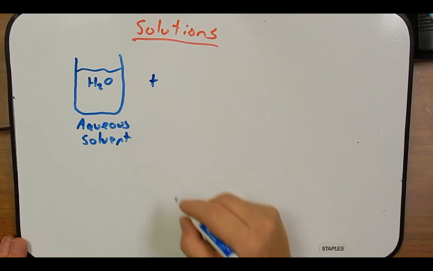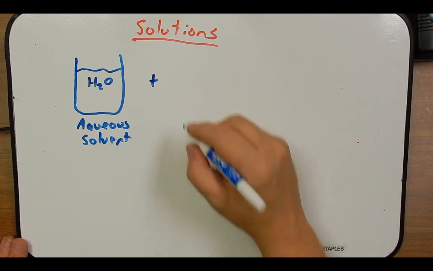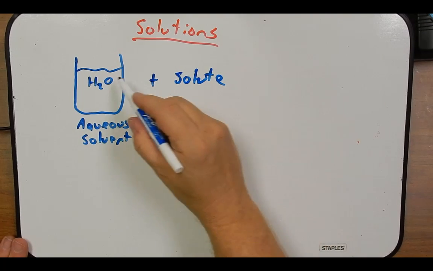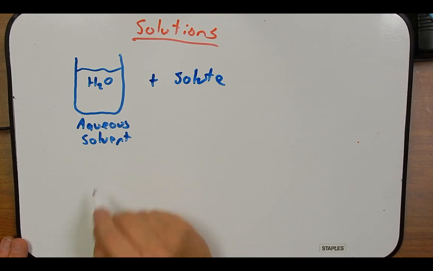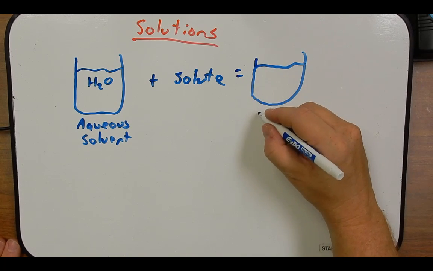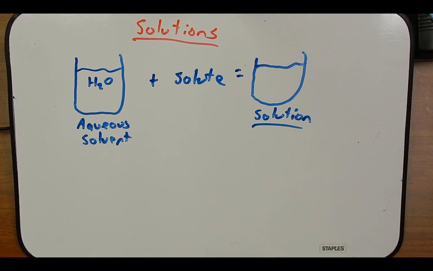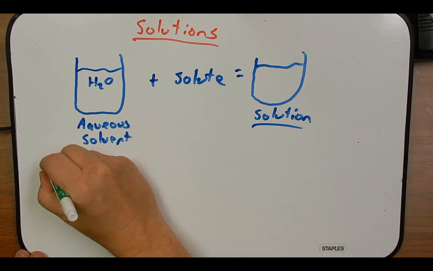So we're going to add to this aqueous solvent a solute. That is the substance that will be dissolved into our solvent, in this case an aqueous solvent. And then what we have, once it is dissolved, is the solution. Now seems like as good a time as any to talk about the terms hydrophobic and hydrophilic.